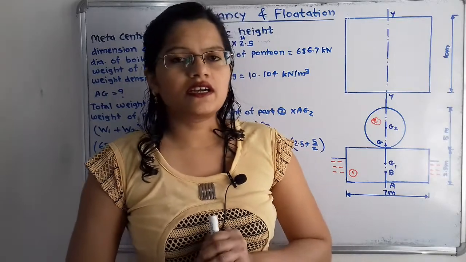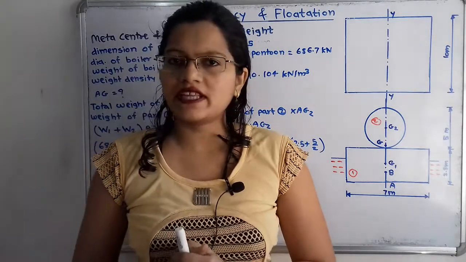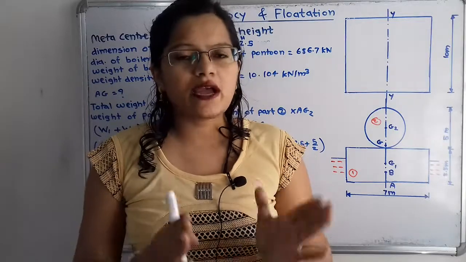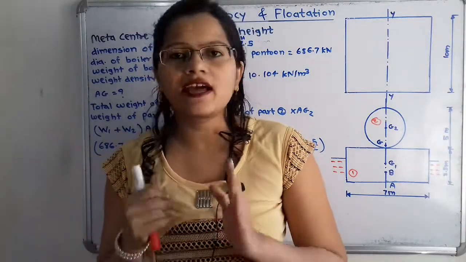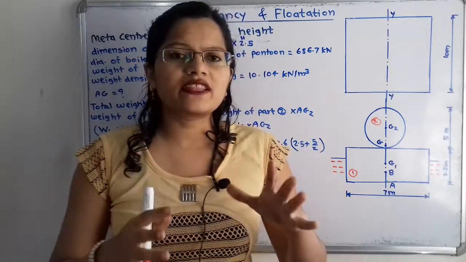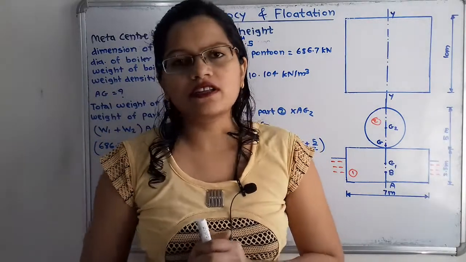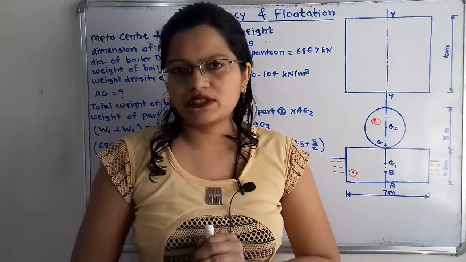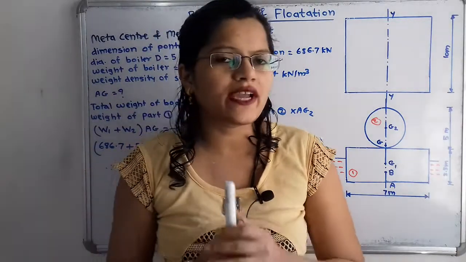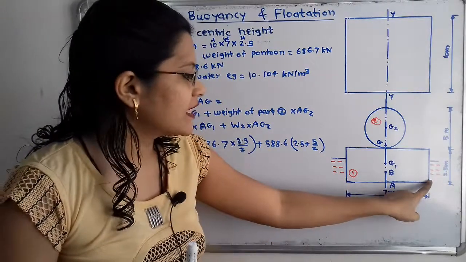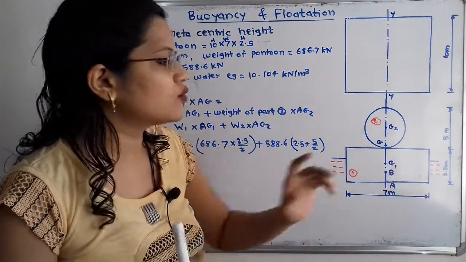Let us first understand the diagram as per the given data. Here the dimensions of the pontoon are given in terms of length, width and height. When the body is immersed in water, we have to draw a two-dimensional diagram, so we can observe the total width and total height. We draw the width, that is 7 meter, and the height, that is 2.5 meter.